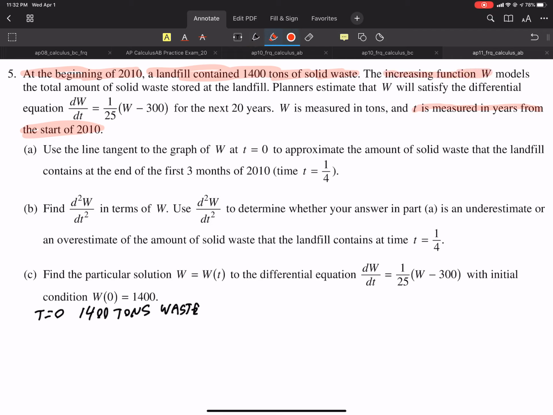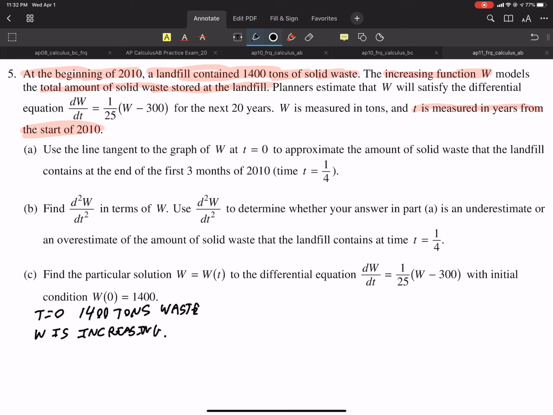Increasing function W. So we're going to write that down. W is increasing. And what does it represent? The total amount of solid waste in the landfill. So let me adjust a couple of things.